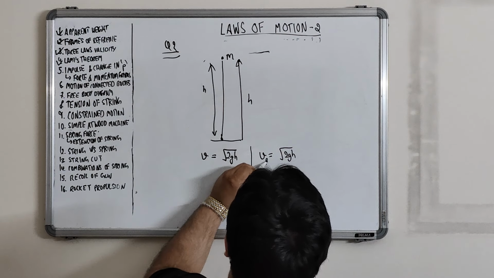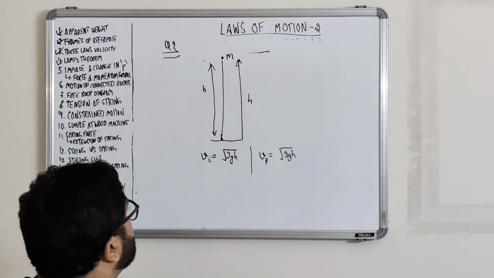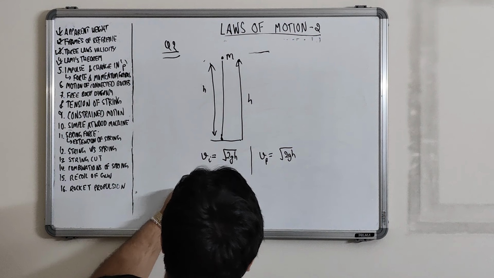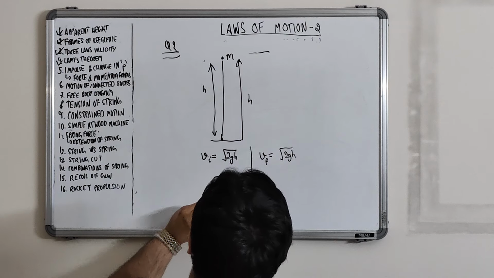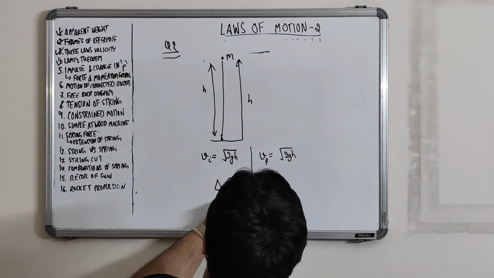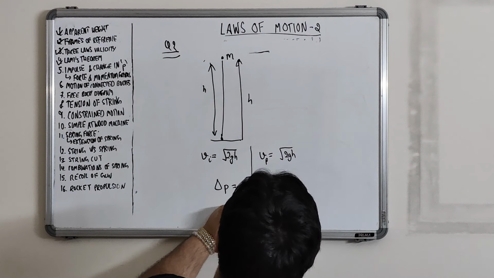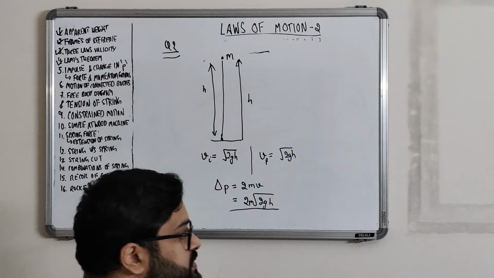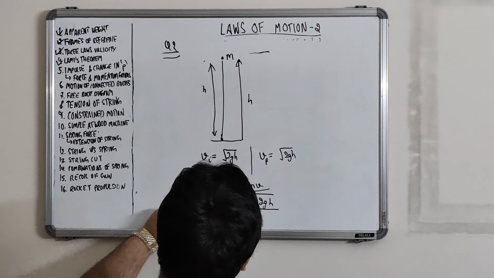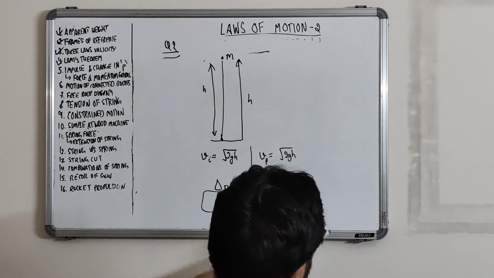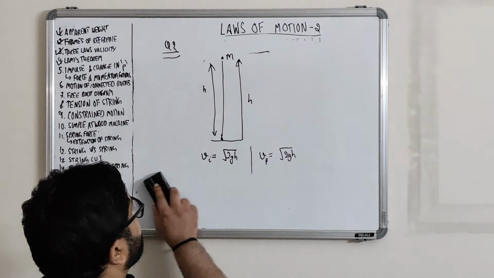Vf and vi are in opposite directions, so the difference becomes 2mv. V is root 2gh, so 2m root 2gh. This is the answer, right? Very simple. Okay, next question.